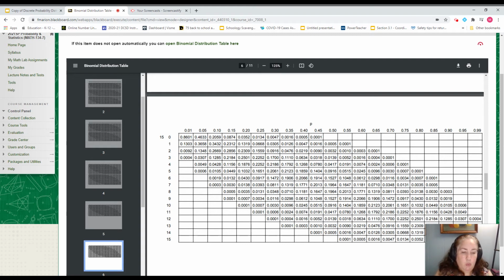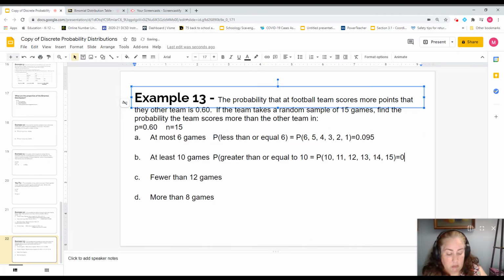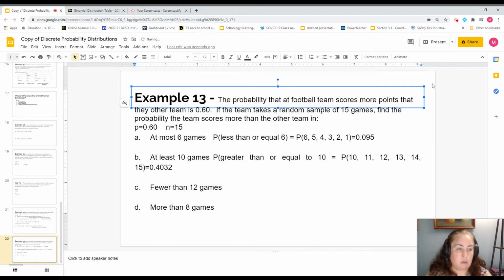So I'm going to start with 0.1859. So I'm going to do 0.1859 plus 0.1268 plus 0.0634 plus 0.0219 plus 0.0047 plus 0.0005. Right, and that gives me 4032. All right, so this is going to be 0.4032.